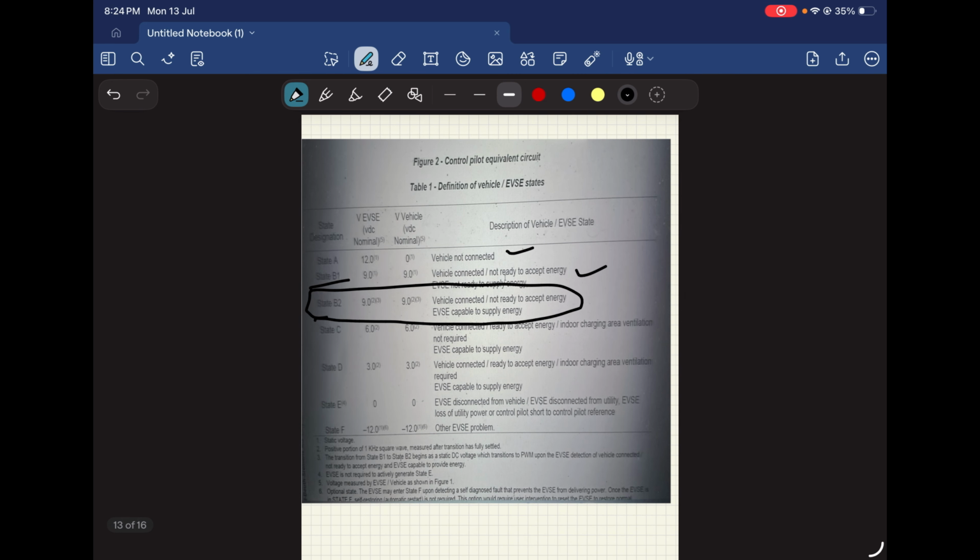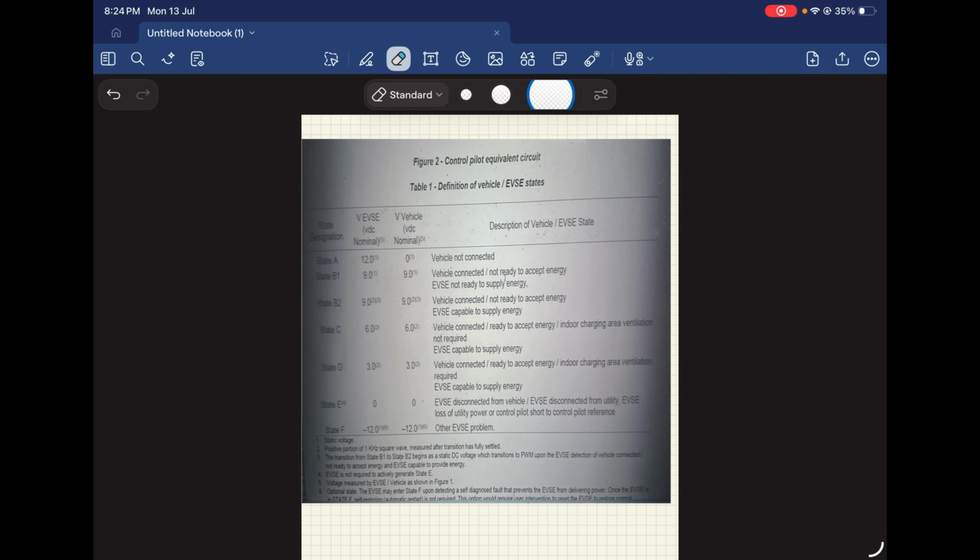This is state B2: vehicle connected, not ready to accept energy. In between, communication is happening, but there is no permission to supply energy to the electric vehicle.